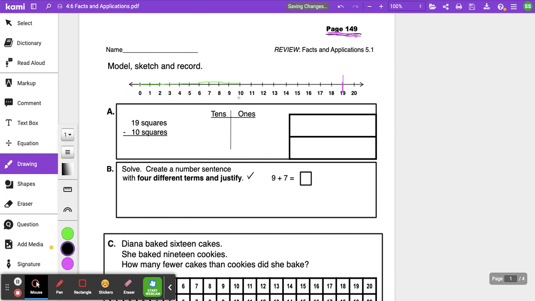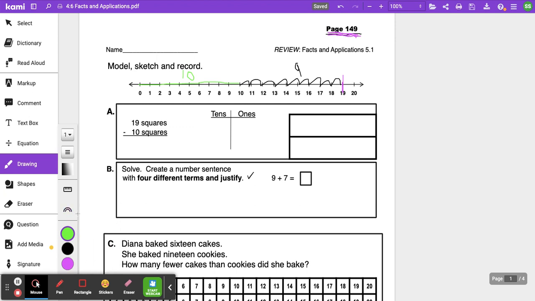And what am I left with? 1, 2, 3, 4, 5, 6, 7, 8, 9. So this part is 9. And over here, this part was 10. If I have 19 and I take away the 10, I'm left with 9.